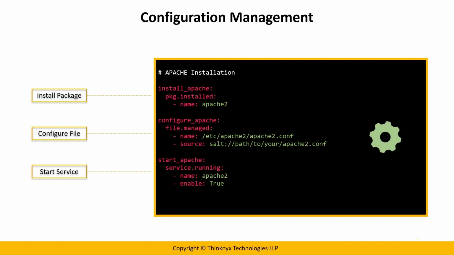This straightforward SaltStack state file simplifies the installation of the Apache package, the configuration of the Apache configuration file, and the initiation of the Apache service. You can apply this state file across different servers or environments requiring the Apache application, and it automatically manages the application's configuration without any need for manual intervention.